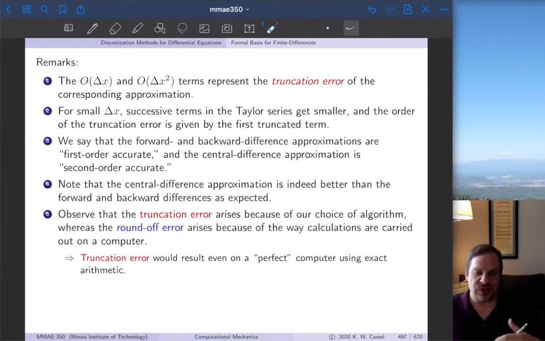It's a fundamental error based on the algorithm, based on step 2, based on how we've discretized the governing differential equation. So that is an inherent error of the method, of the algorithm. I could have a perfect computer that does exact arithmetic. I still have the truncation error. So that perfect computer will get around the round-off error, so it would have no round-off error, but I still have truncation error.